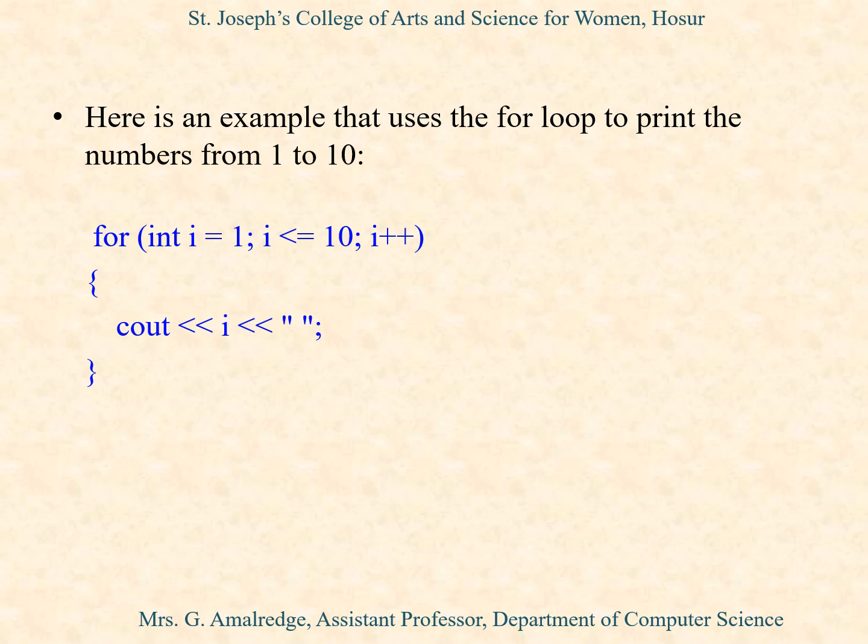In this example, we initialize the value of i equal to 1 and check whether the value of i is less than or equal to 10. If the value of i is less than or equal to 10, it prints the value of i in the console and then it increments the value of i by 1. So this for loop will print the numbers from 1 to 10.